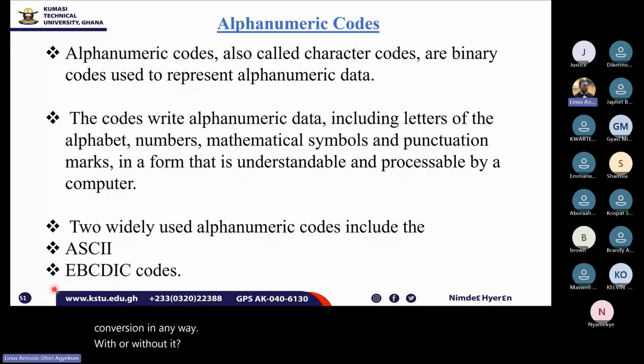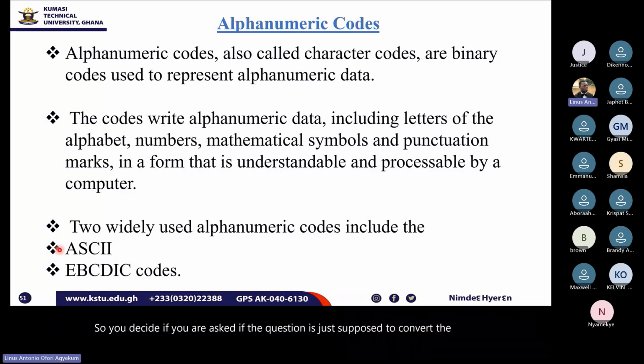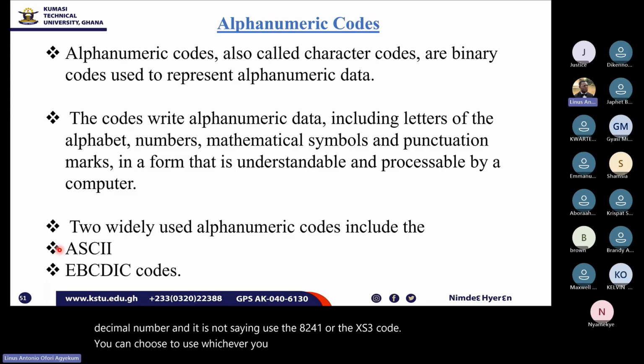Okay. All right. So if the question is just posed to convert the decimal number, and it is not saying use the 8421 or the XS3 code, you can choose to use whichever you want. But when you are done converting it, it's best you note which procedure you used.